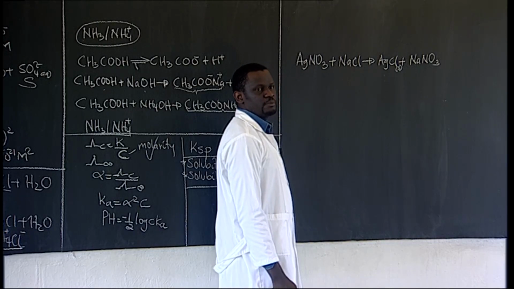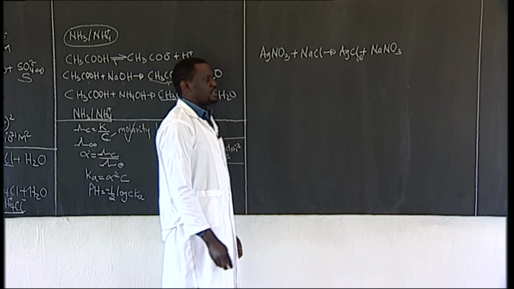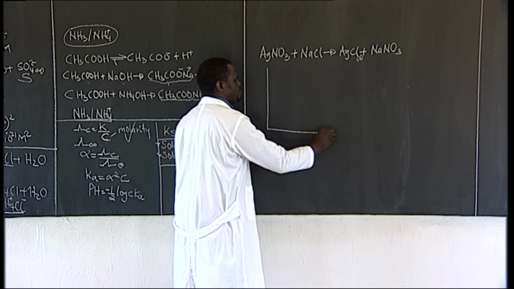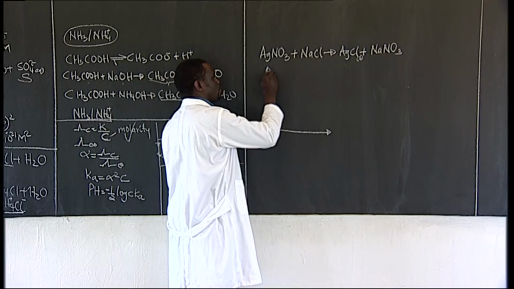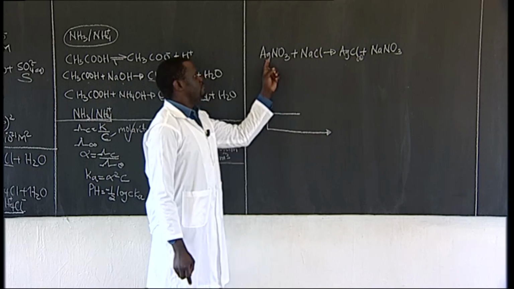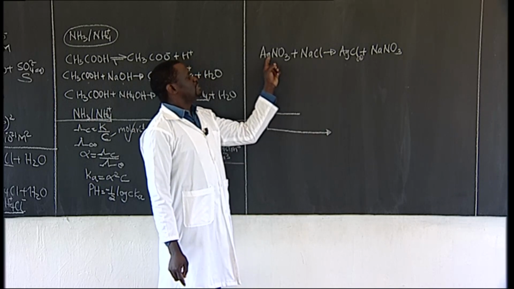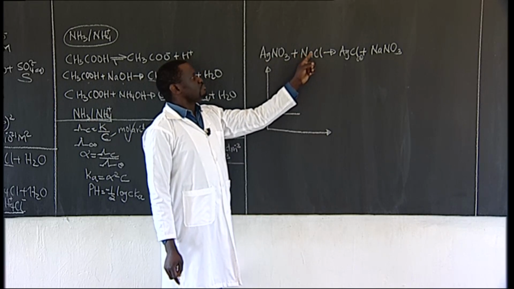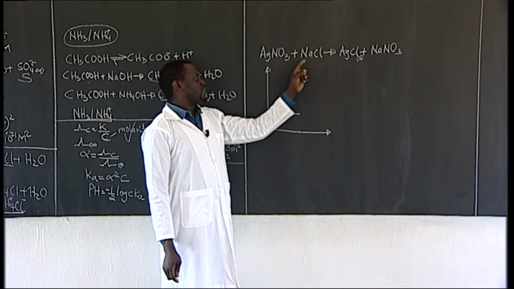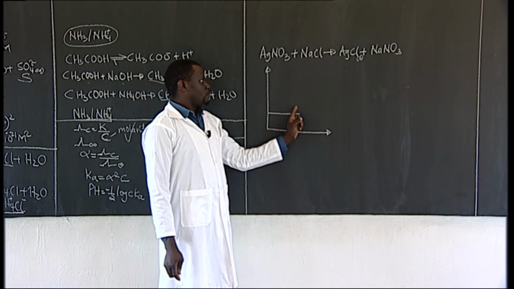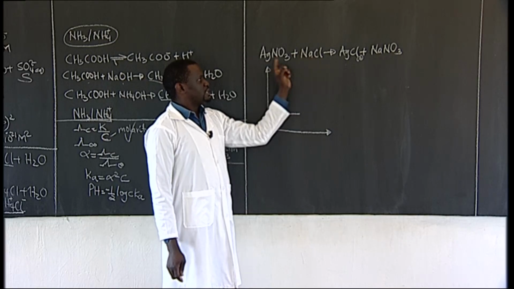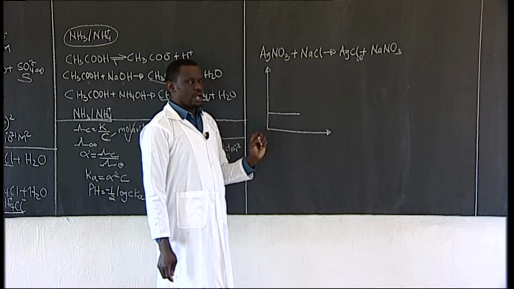Normally, when this reaction is taking place, our titration curve will be like this. When the silver ions are replacing the chloride ions, we have a straight line. Why? Because normally the ions replace themselves equally.